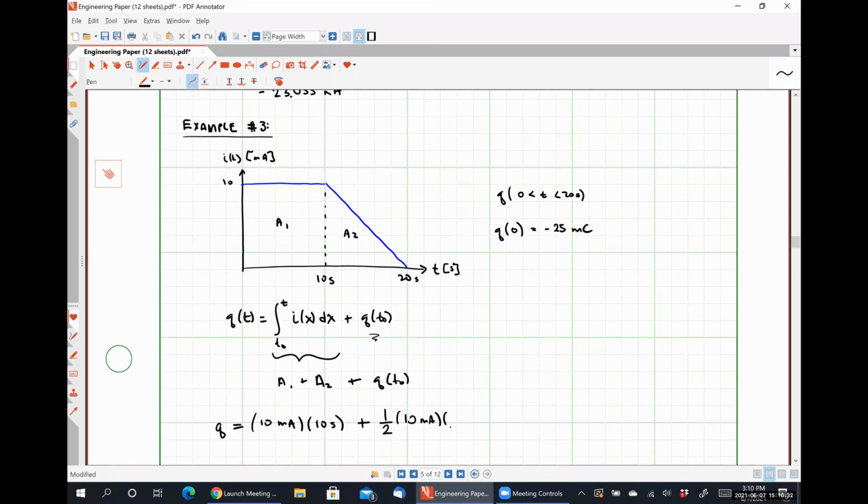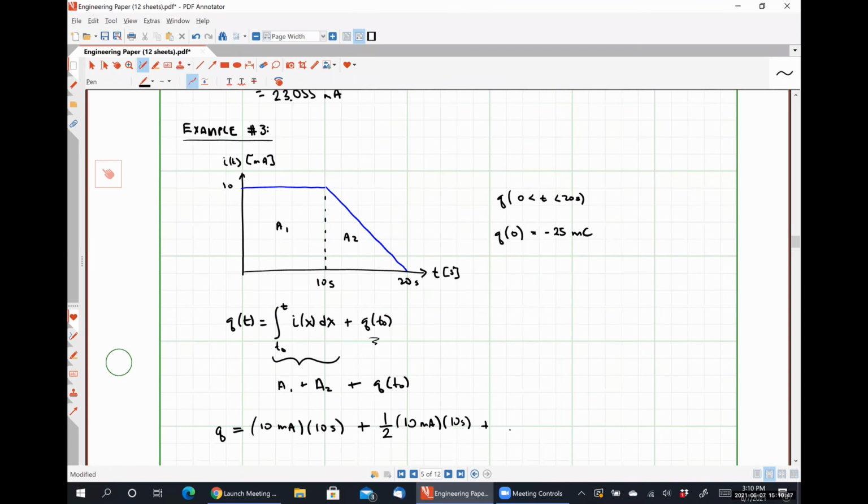So the base of the triangle is 10 seconds wide. What is Q at T naught in this case? Minus 25 millicoulombs. Yeah, so the negative 25 millicoulombs.